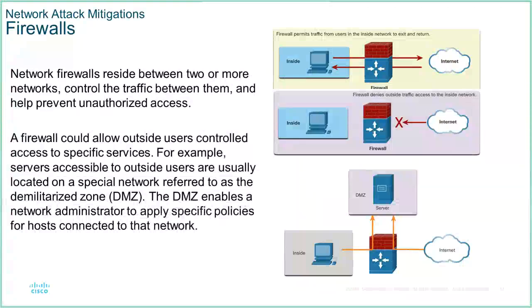as to whether it can come in or not. Now, if you have a set of web servers and things like that that you want people to have access to, it is common practice to set up what's called a demilitarized zone, where your servers that can be accessed from the outside can reside.